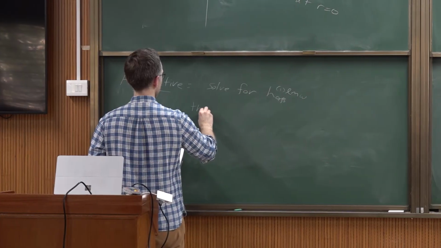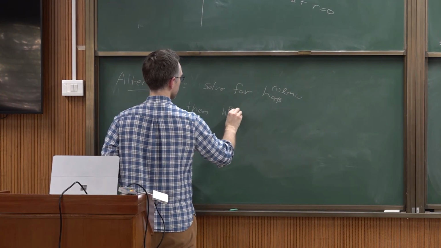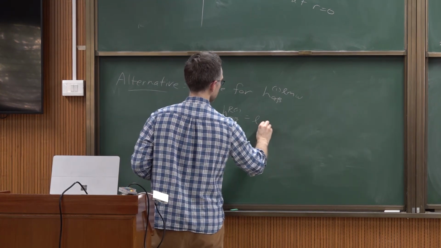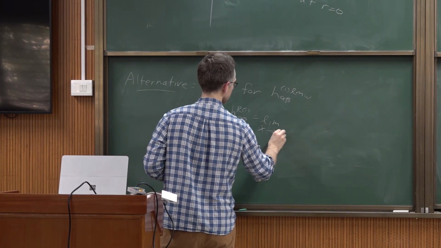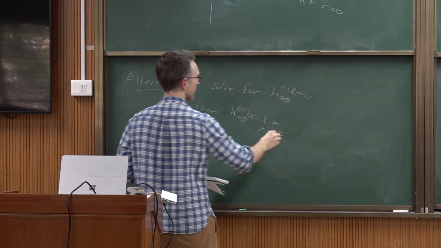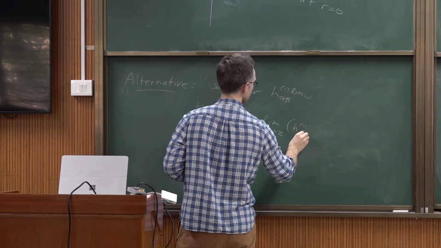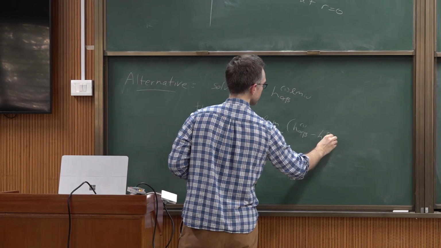Then, if we want the regular field on the particle, we take a limit from off the particle, say x goes to z, on the particle's trajectory z. Take a limit of the physical field minus the puncture.